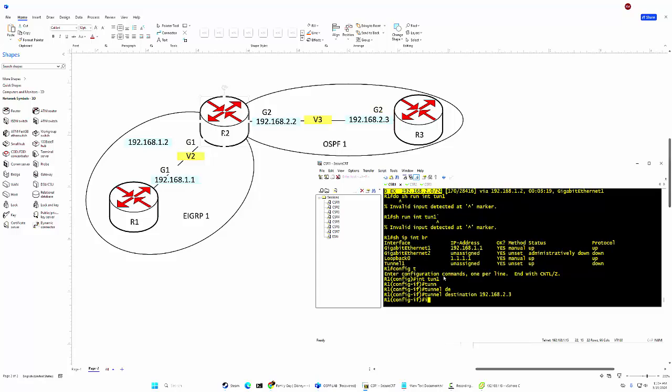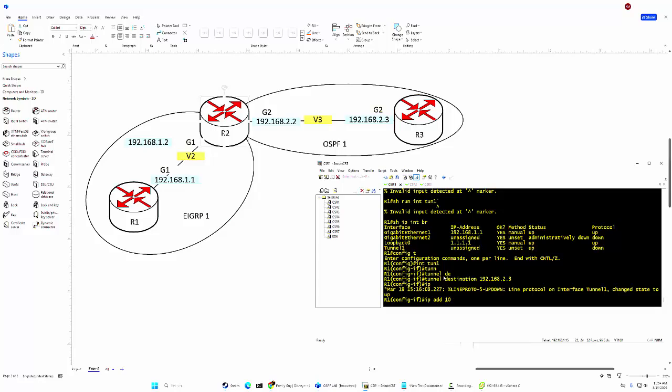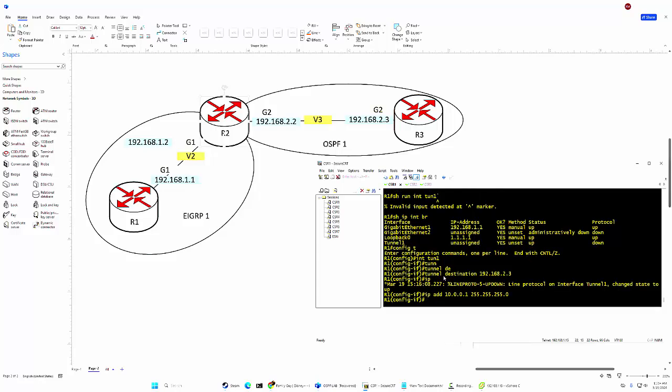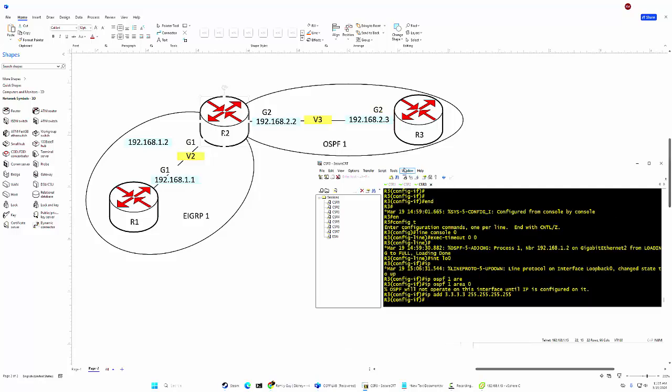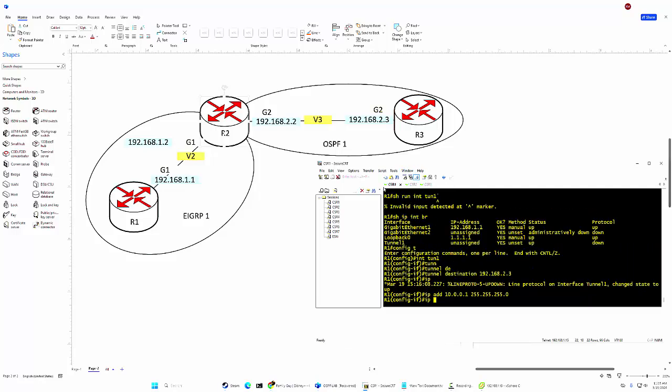All right, and then IP address. Okay, now I'm gonna go over here and say IP.